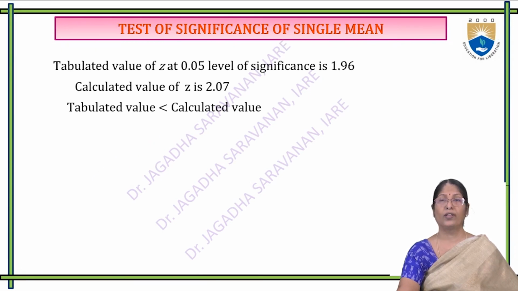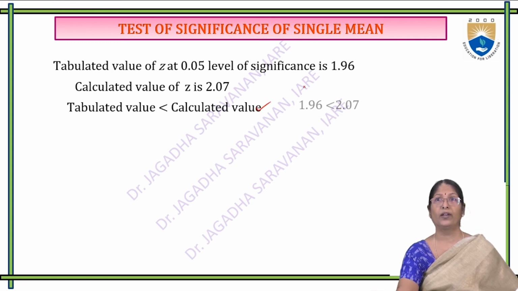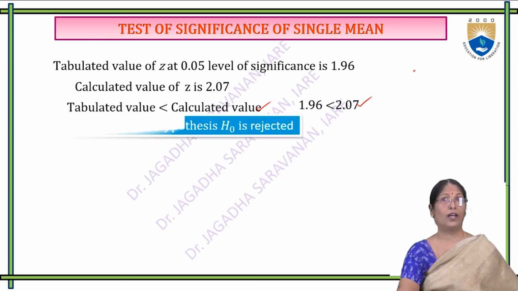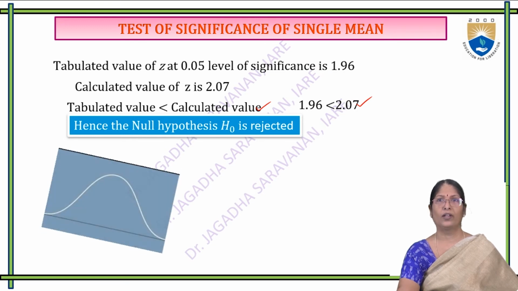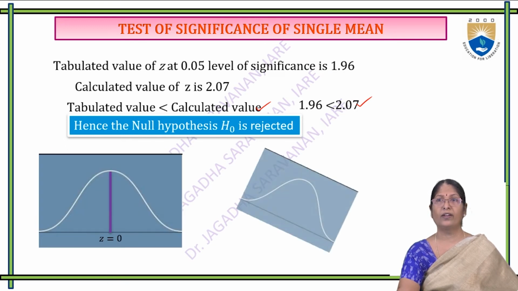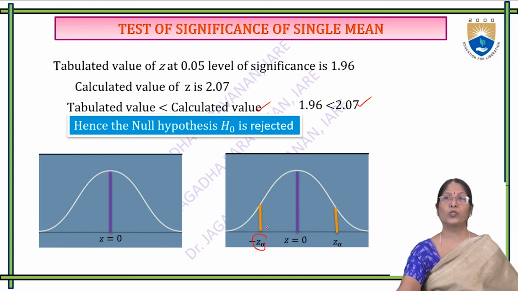We can see the steps written here: the tabulated value is less than the calculated value, 2.07, so the null hypothesis is rejected. That means the collected data of the depth of the ocean in certain regions does not support the recorded value. In the normal curve we have taken a two-tailed graphical representation, from minus 1.96 to 1.96.